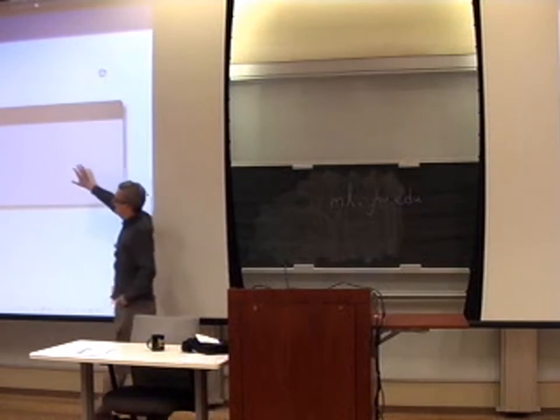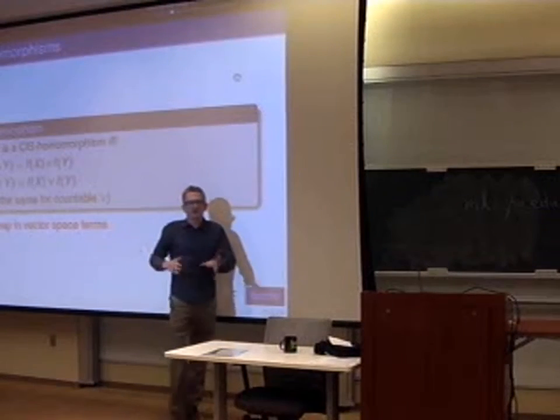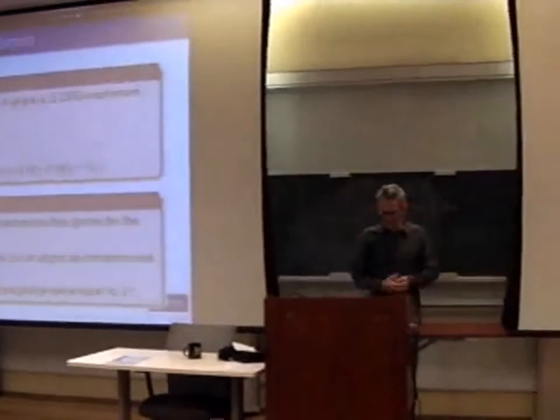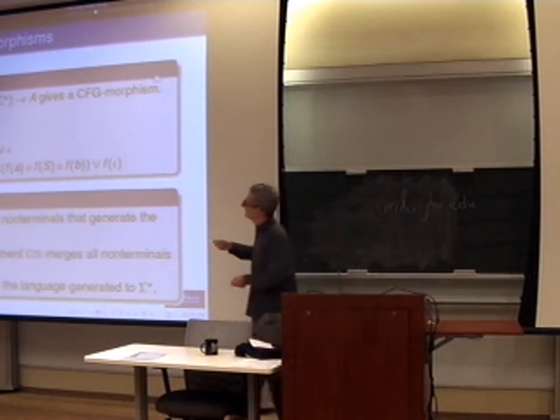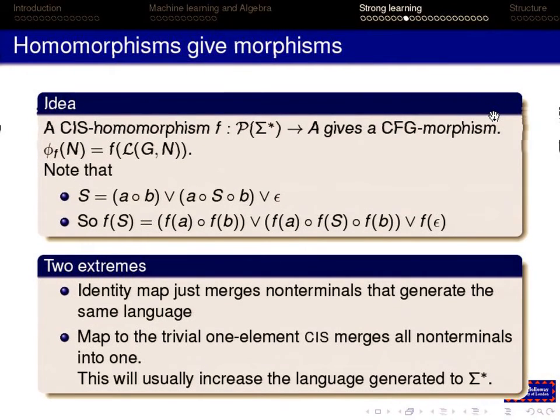So this homomorphism is exactly the same. It's just linearity, but instead of being in a vector space, it's in a semi-ring. Now, this is where the payoff comes for all these definitions: a homomorphism of these semi-rings gives you a morphism of the grammar. We can take any homomorphism from our free semi-ring into anything else.